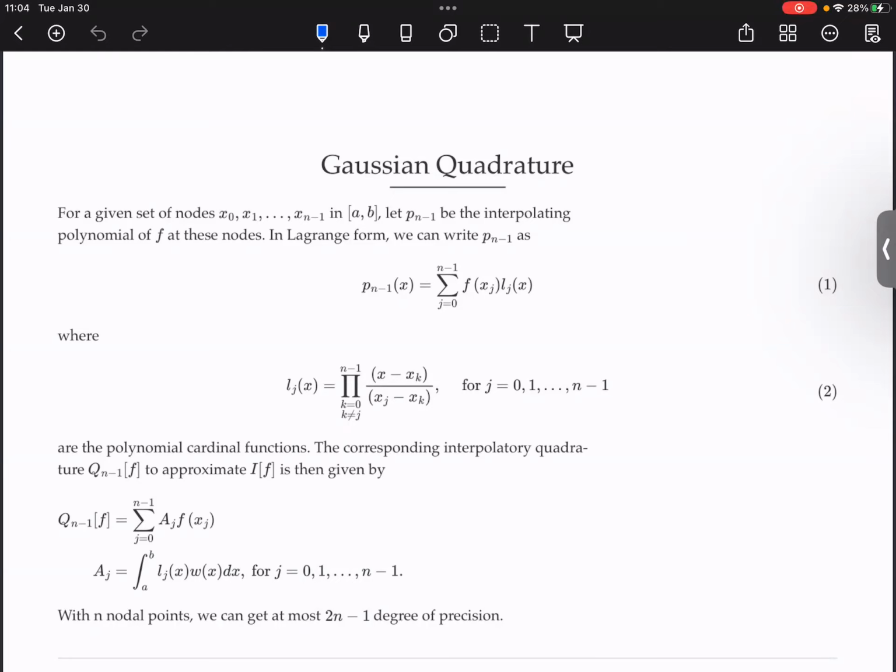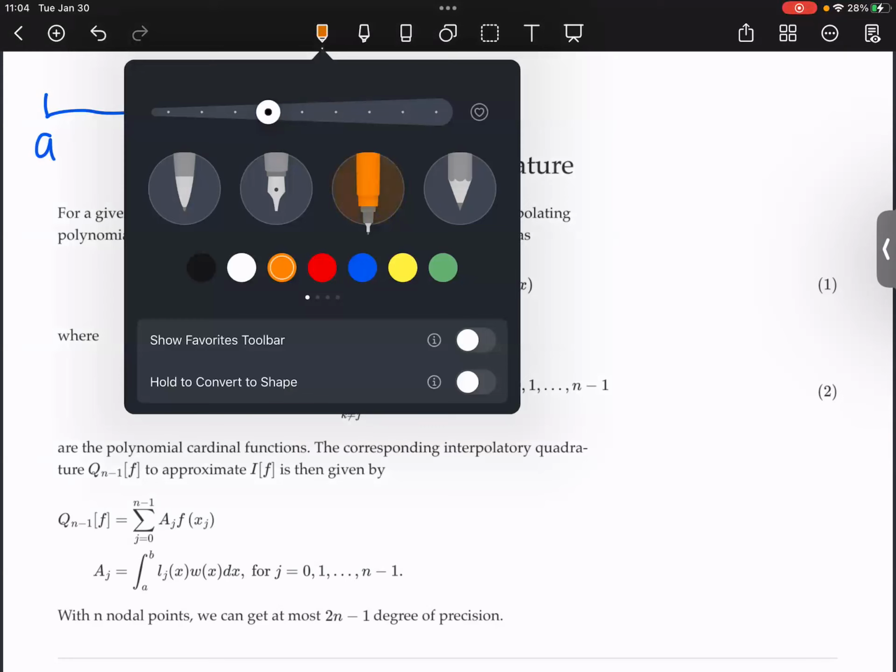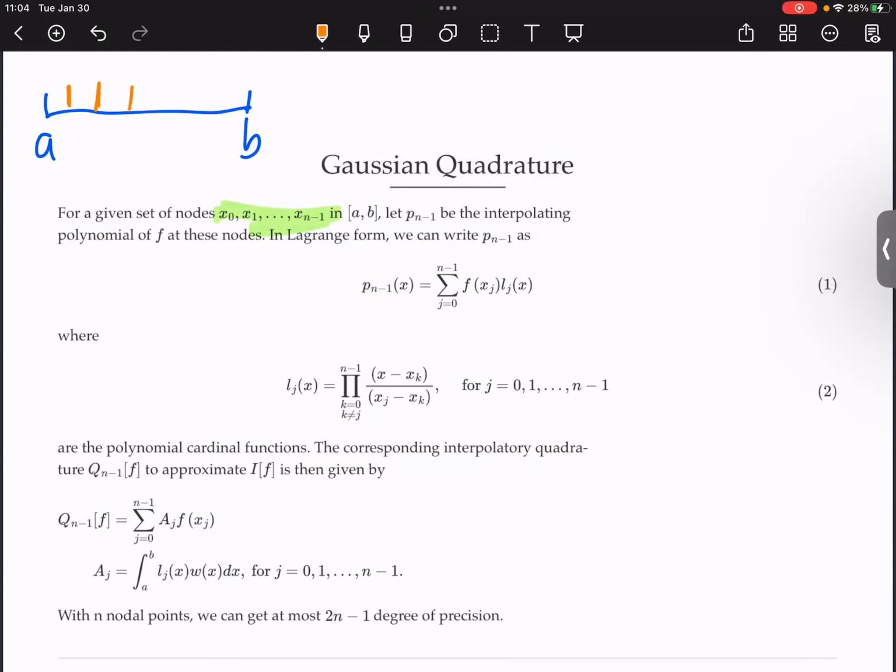investigated. Let's take a look here. For the trapezoid rule and the Simpson's rule, or the composite trapezoidal rule or Simpson's rule, if we want to place all these nodal points on the interval [a, b], we just let them be equally distributed, which means we have subintervals, and each subinterval has equal length.